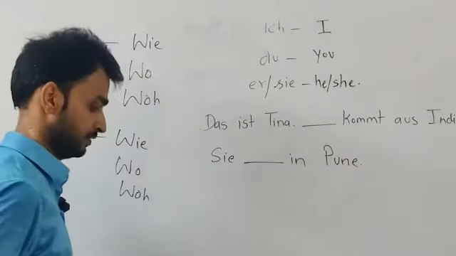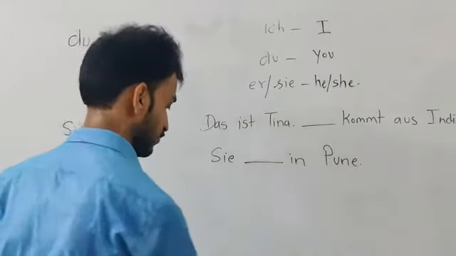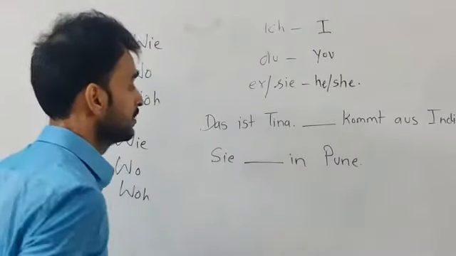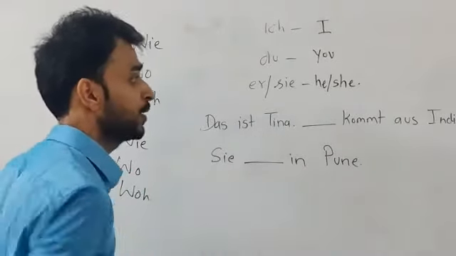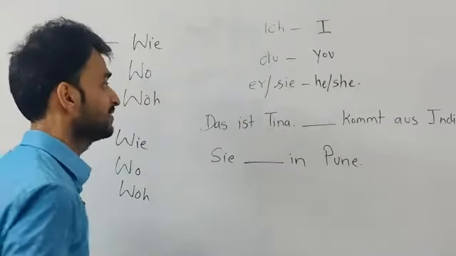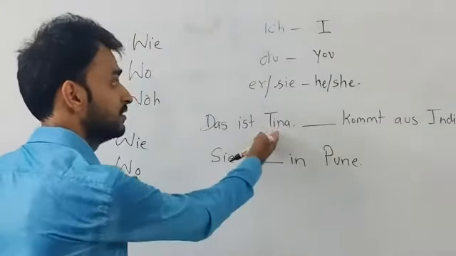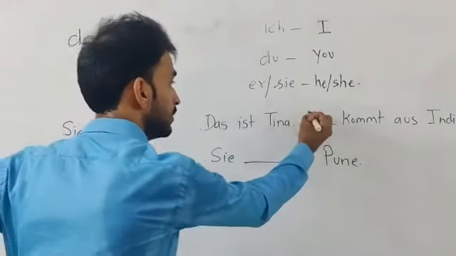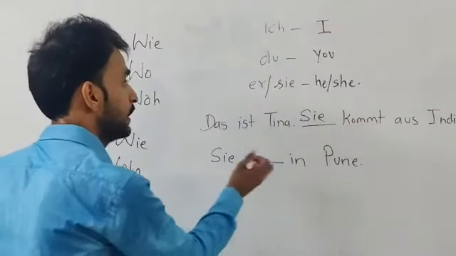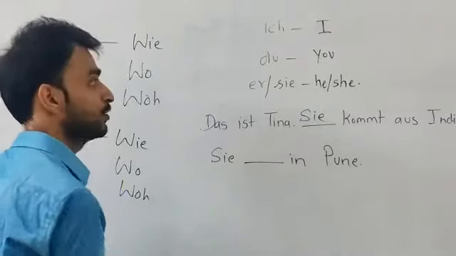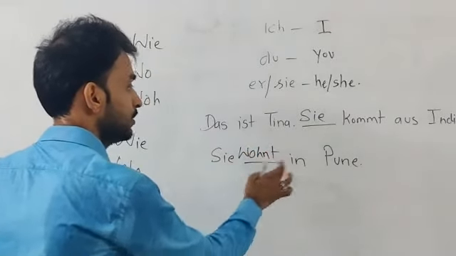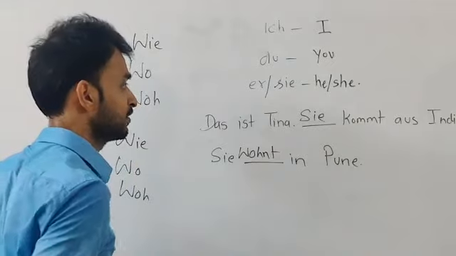It's a small sentence, and I hope you understand this. So you see, Das ist Tina. This is Tina. She comes from India. She lives in Pune. So how do we fill up the blanks? Das ist Tina. So Tina is a girl. She comes from India. And then she lives. Third person, if you remember the conjugation, t ending, she lives. Sie wohnt in Pune.